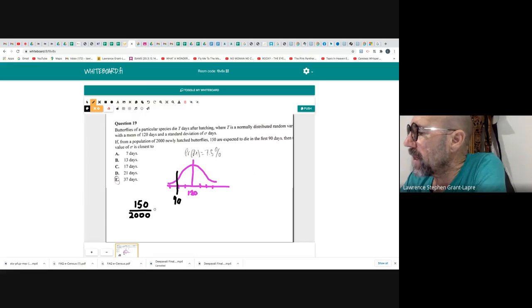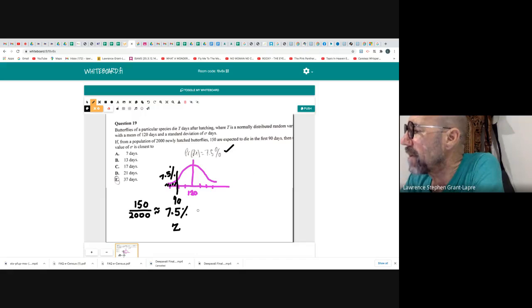Because you've got this probability, about 7.5% is the area in here. 7.5%. What we need is the Z value.